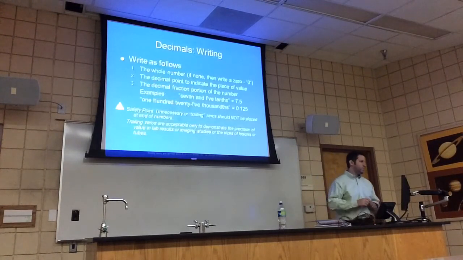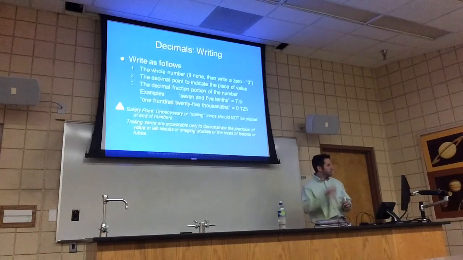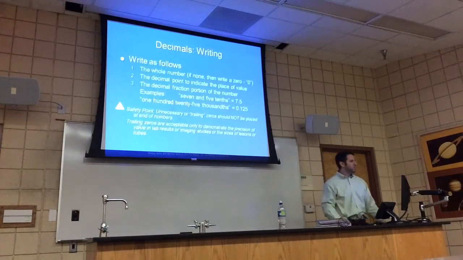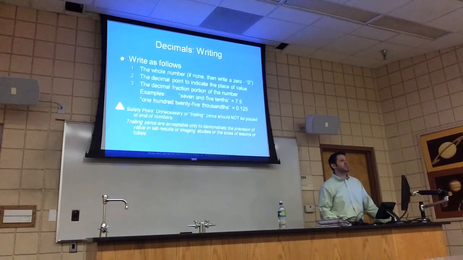So when you're writing those decimals, if there is no whole number, then you will write a 0 for that leading 0 that we were talking about. But you write the whole number first, and then the decimal point, and then whatever the fraction of the number is. So if I said, we're going to give 7 5/10 of this, then you would write down 7.5, right? 125 thousandths, so 0.125.